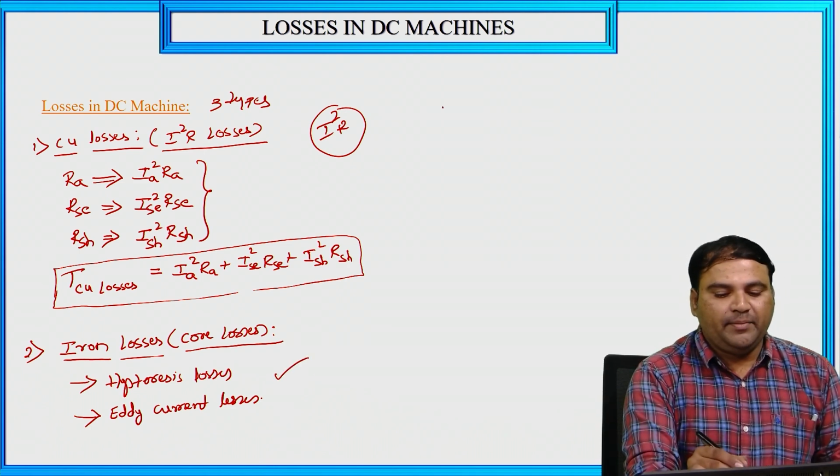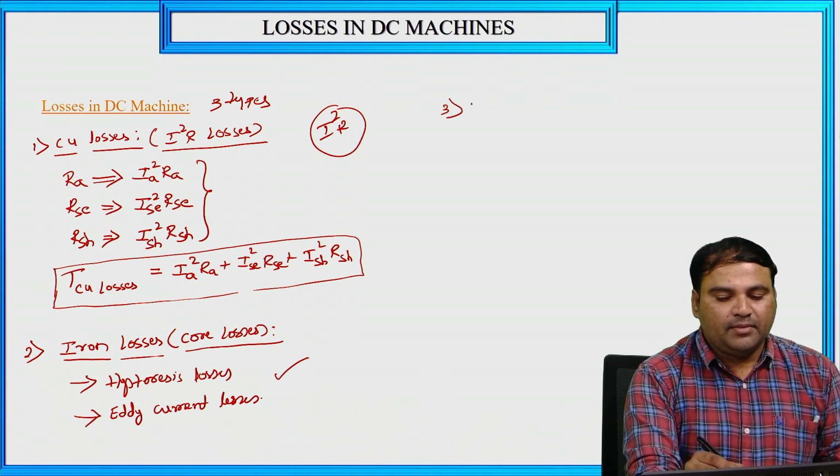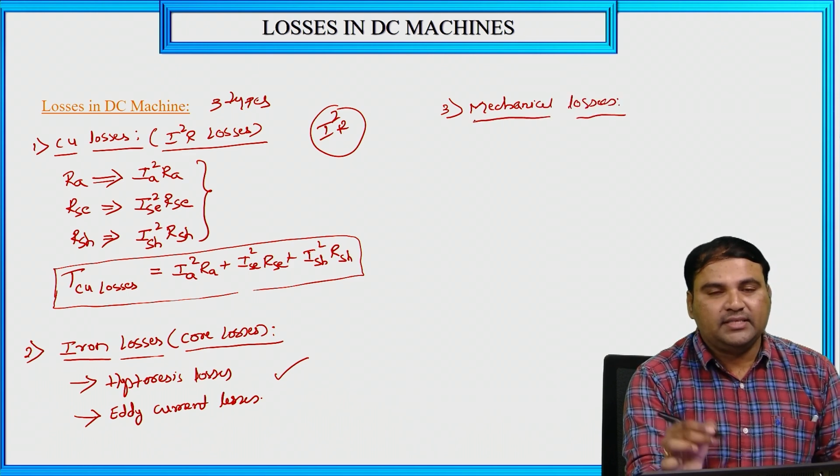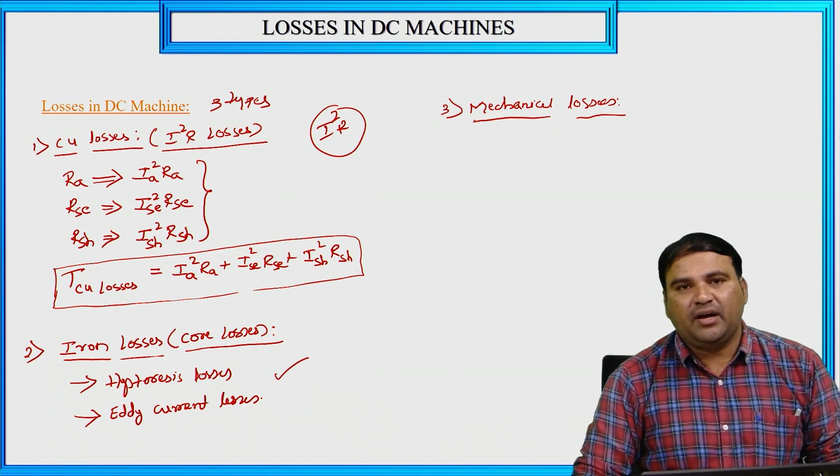The third type is mechanical losses. The mechanical losses occur at the shaft of the DC machine.